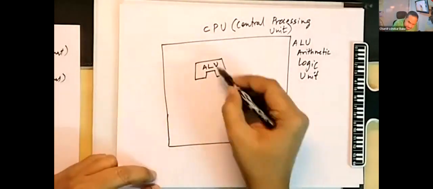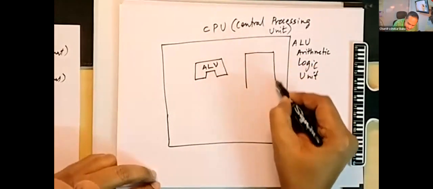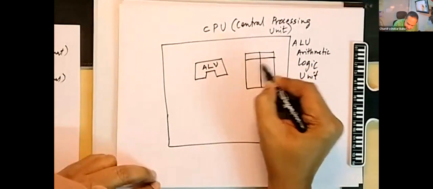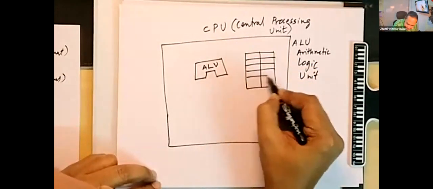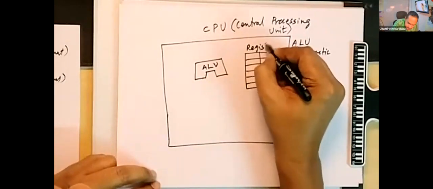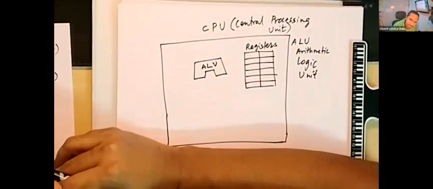But now this ALU is connected to something known as registers. Registers are represented like this. What are registers? Registers are a kind of memory, right?